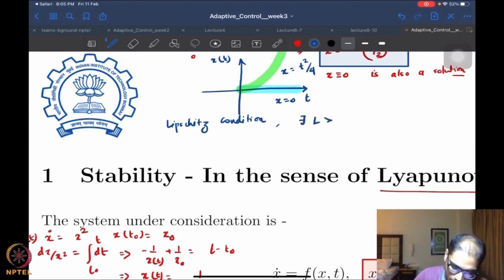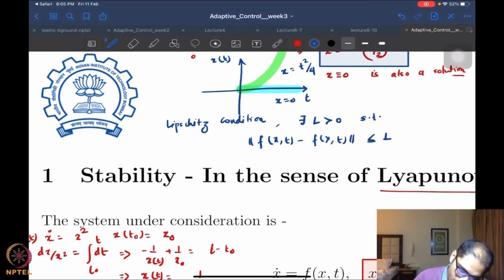There exists a positive L such that the norm of f of x, t minus f of y, t is less than or equal to L times the norm of x minus y.